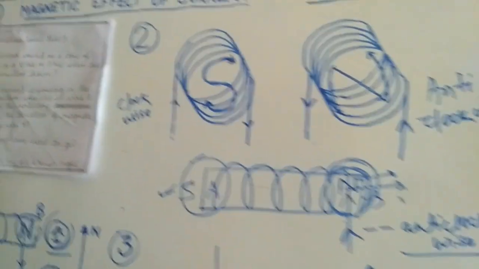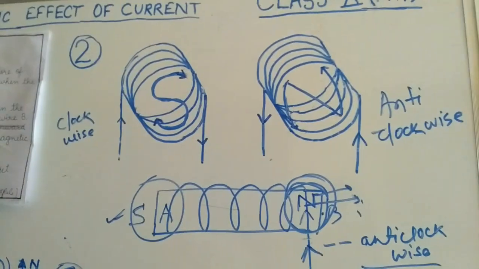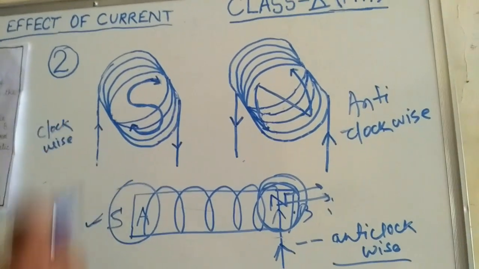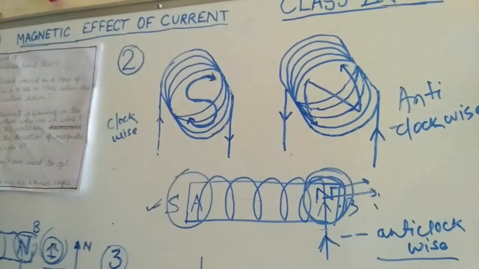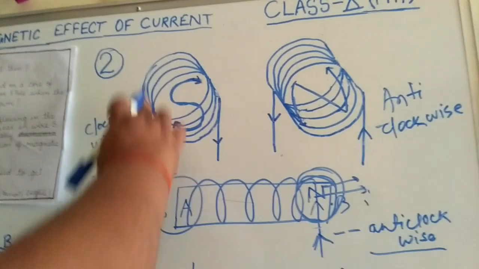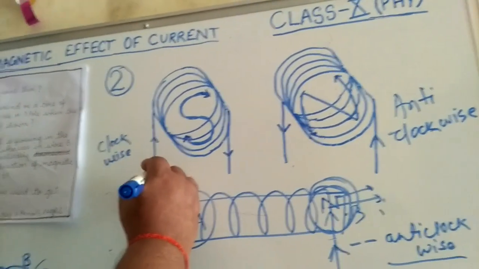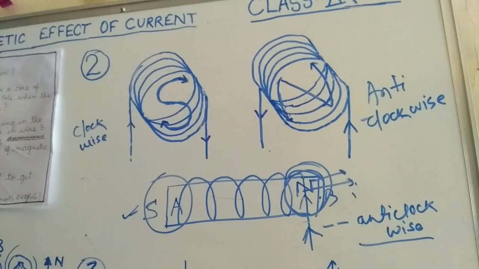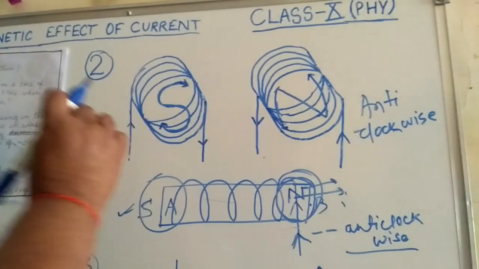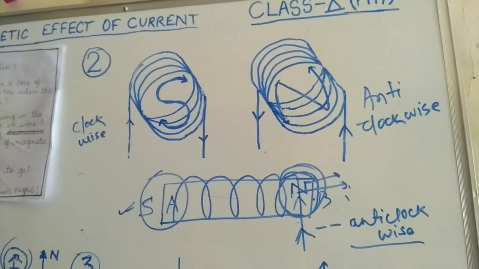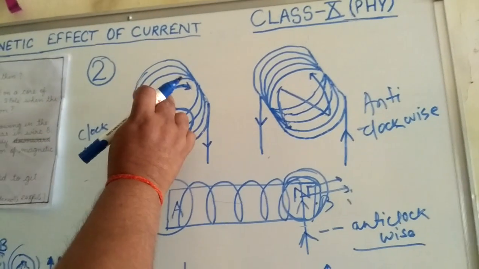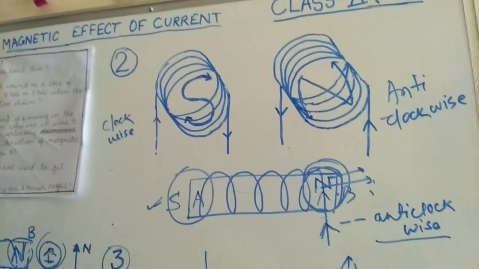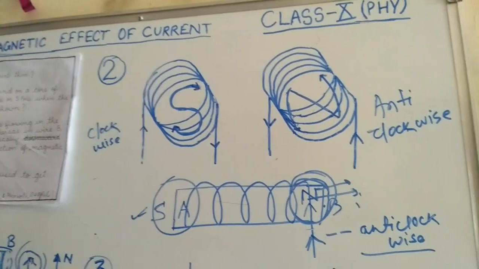So you see here are two examples. When the current flows in a circular loop in a clockwise direction, that end must be the south pole and the other must be the north pole.